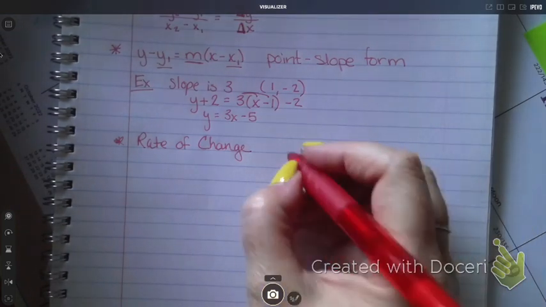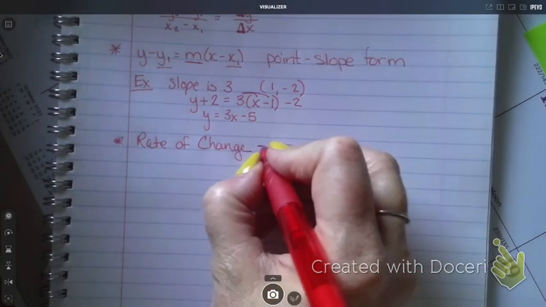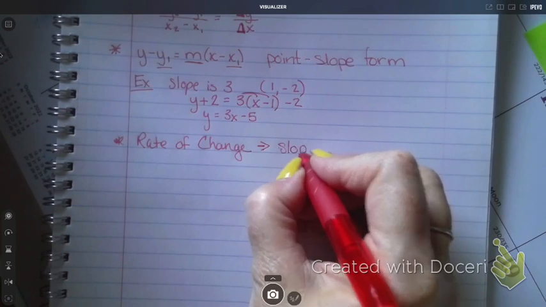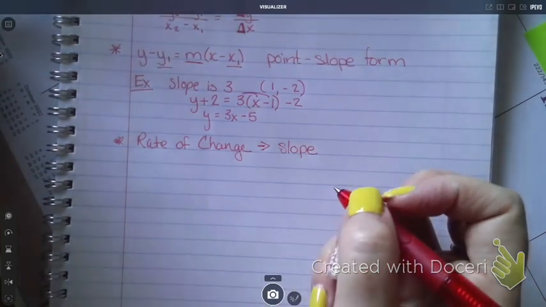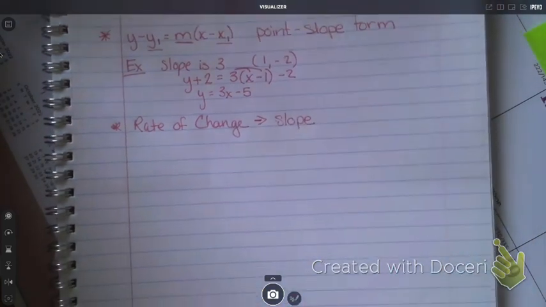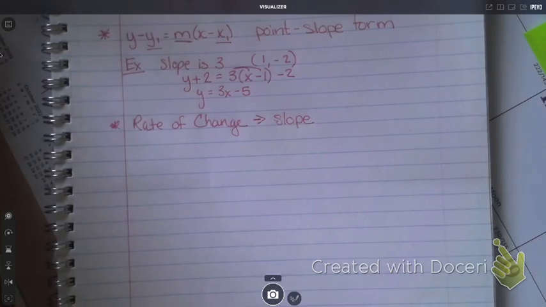The rate of change is essentially slope. Now, rate of change can be on a linear line, but typically we say average rate of change, and then that is on a nonlinear line, okay? If you hear rate of change, average rate of change, or slope, you're going to do the same thing.